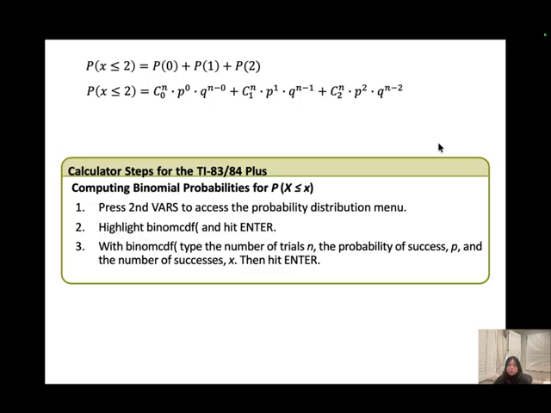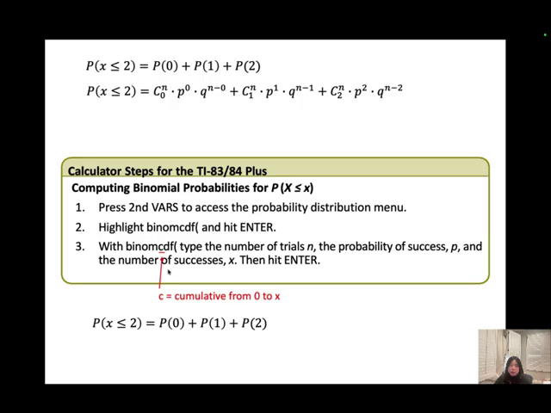Or you guys can use the TI-84 Plus calculator. Instead of using the binom PDF, we can use the binom CDF. The C here represents cumulative from 0 to x. So from this example, if we are looking for at most 2 people to win a free burger, we are looking for P of 0 plus P of 1 plus P of 2.